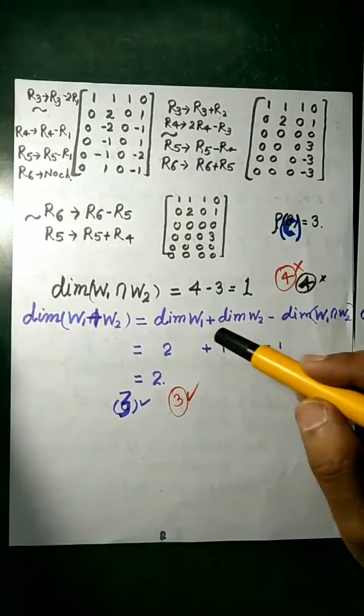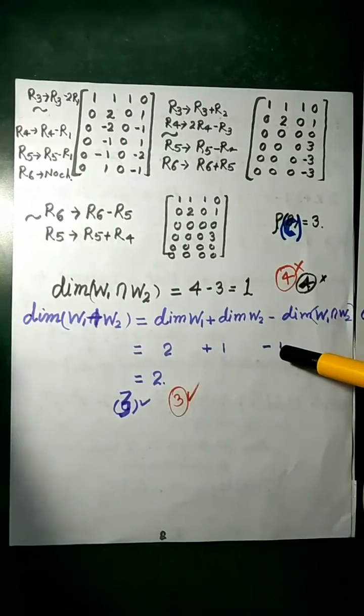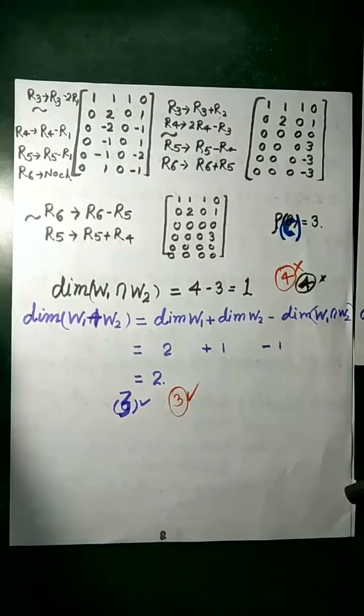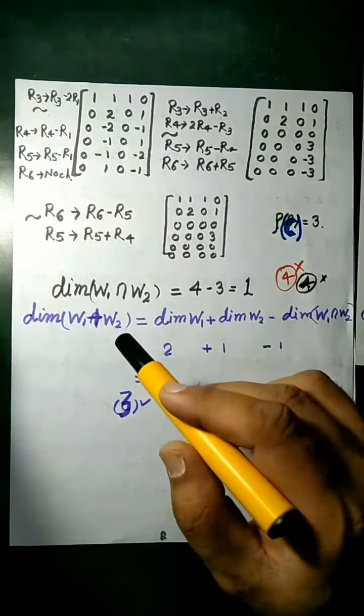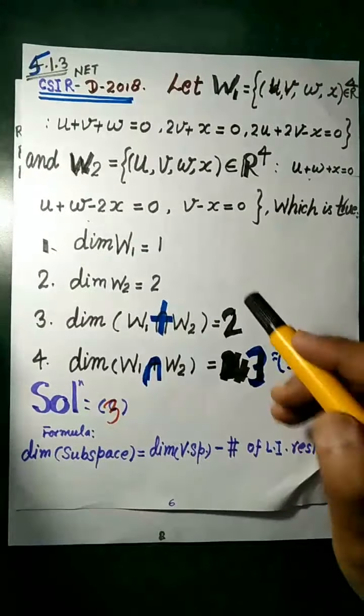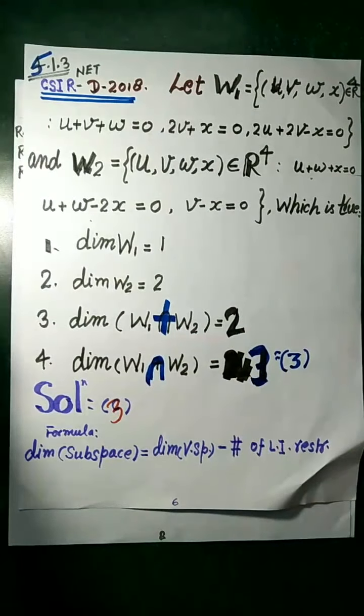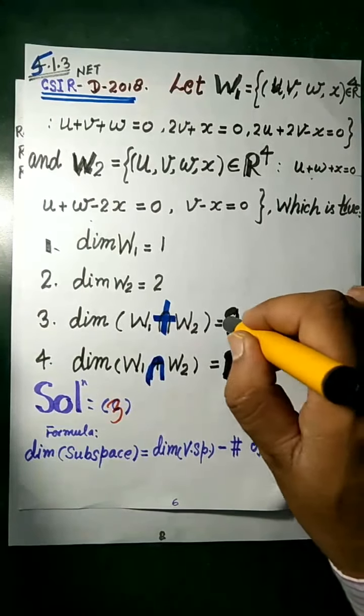We have obtained this dimension as 2, this one as 1, this one as 1. So the dimension of W1 plus W2 is 2. Therefore, option 3 is correct. Options 1, 2, 4 are incorrect. Option 3 is the only correct option.